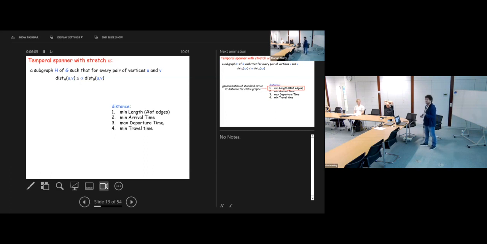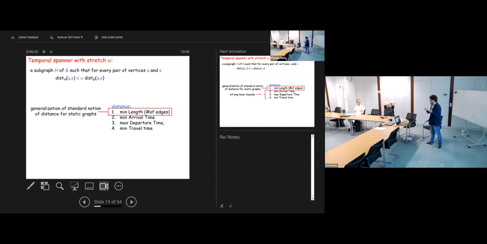Okay, they are all natural. In our paper, we mainly focus on this one. There are at least two reasons for that. The first reason, which we feel is the main one, is that this notion generalizes the standard notion of distance in static graphs. Whenever you have a temporal graph where all the time labels are equal, essentially you have a static graph. In this case, this notion reduces to the standard notion of shortest path in such a static graph.